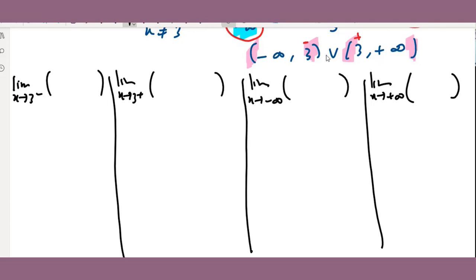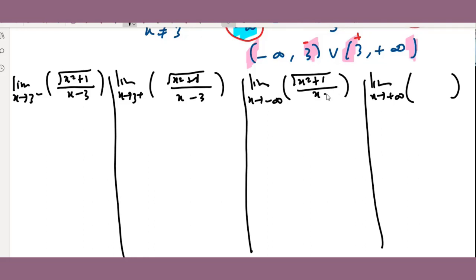The function is x squared plus 1 over x minus 3.